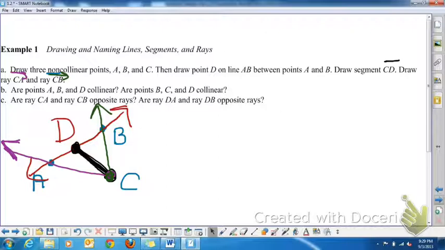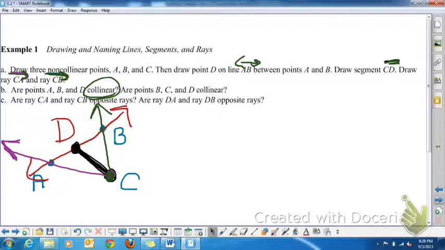So let's examine what we've done. We put 3 non-collinear points, A, B, and C. We put point D between A and B on line AB. Then we drew segment CD. And we drew ray CA and ray CB. Are points A, B, and D collinear together on the same line?